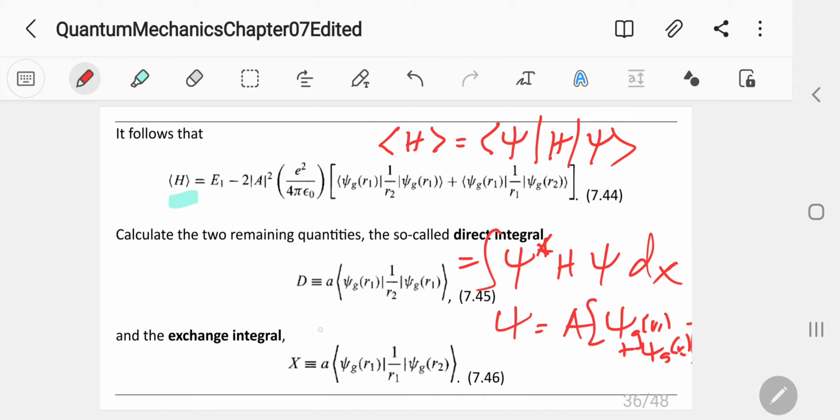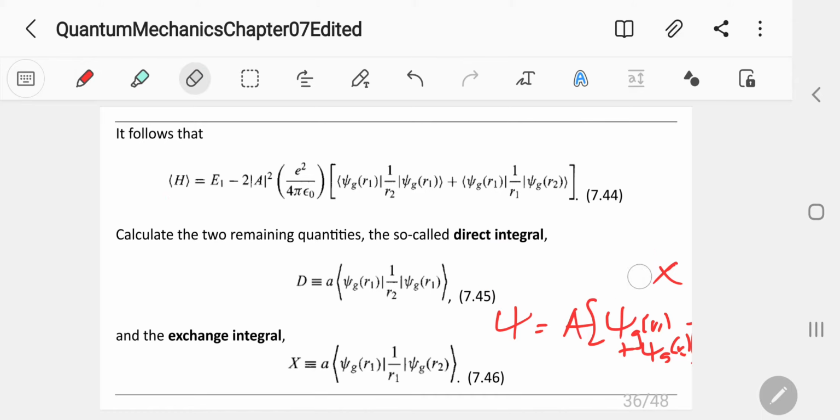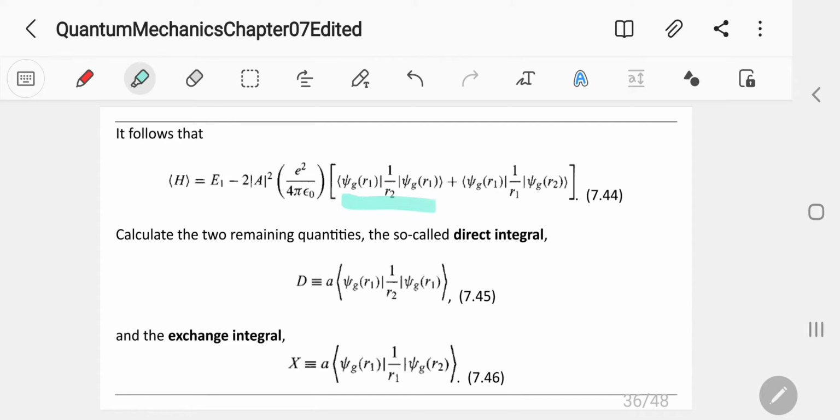So that's why you have this one and this one. You can name the first one the direct integral and the other one the exchange integral, in terms of D and X.